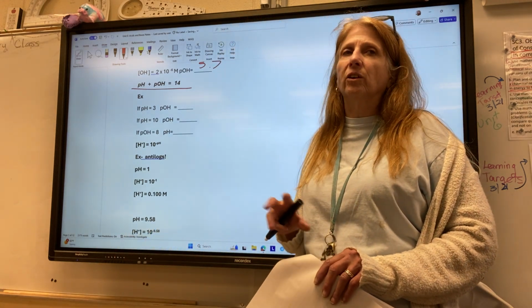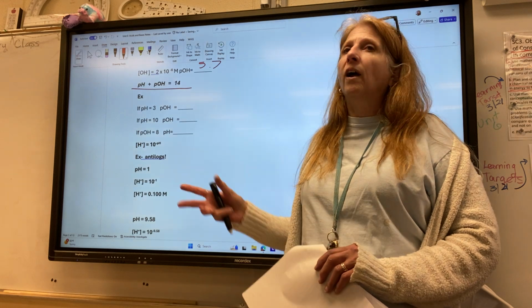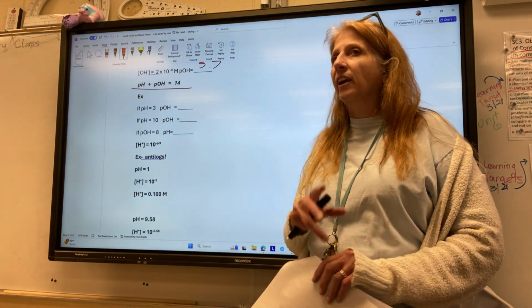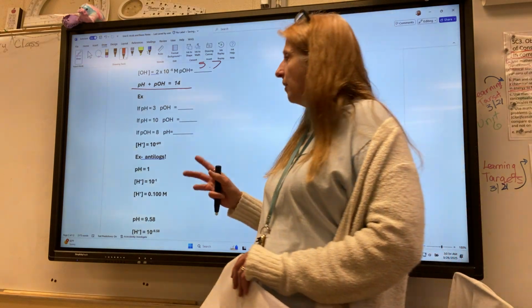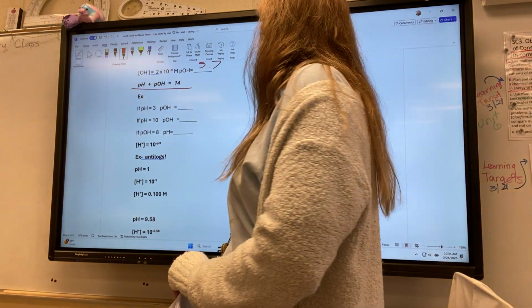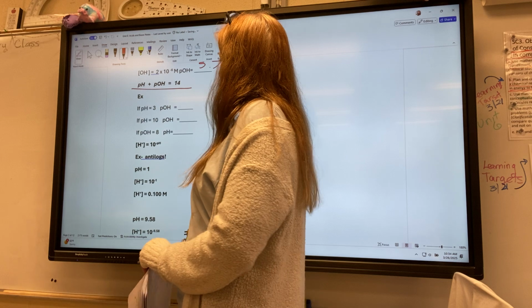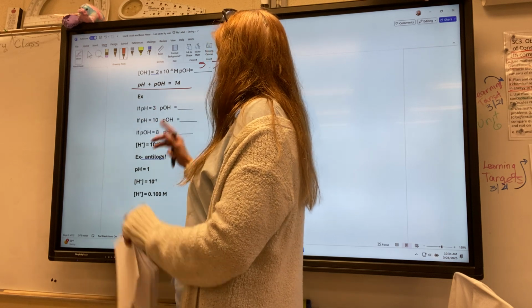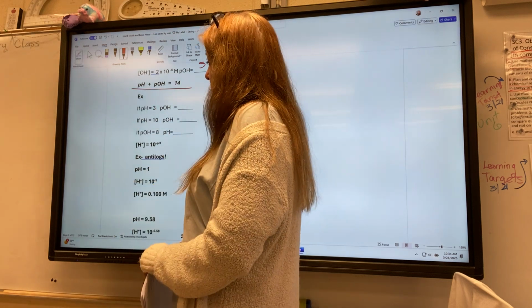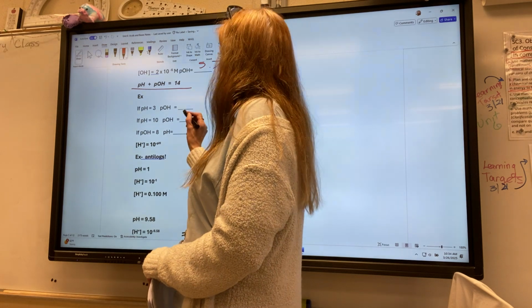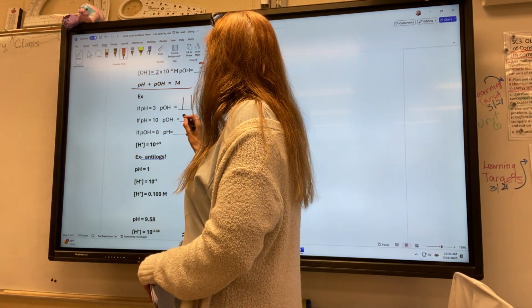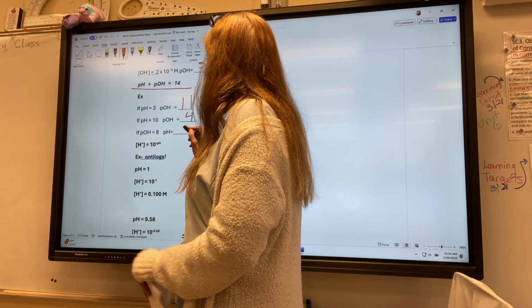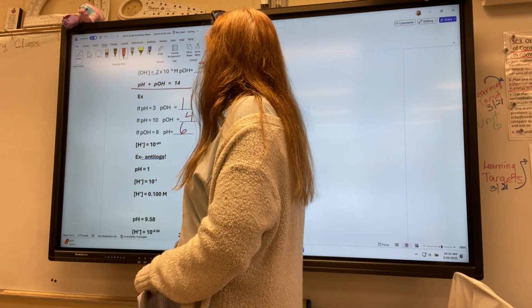They can get you to solve for the hydrogen ion concentration, and then you can take its pH, and then you could get the pOH, and then you could get the concentration of the OH. So how you do these, you just subtract from 14. So if pH is 3, what's pOH? What's 14 minus 3? Somebody said it, 11. So 14 minus 10 is 4. 14 minus 8 is 6.